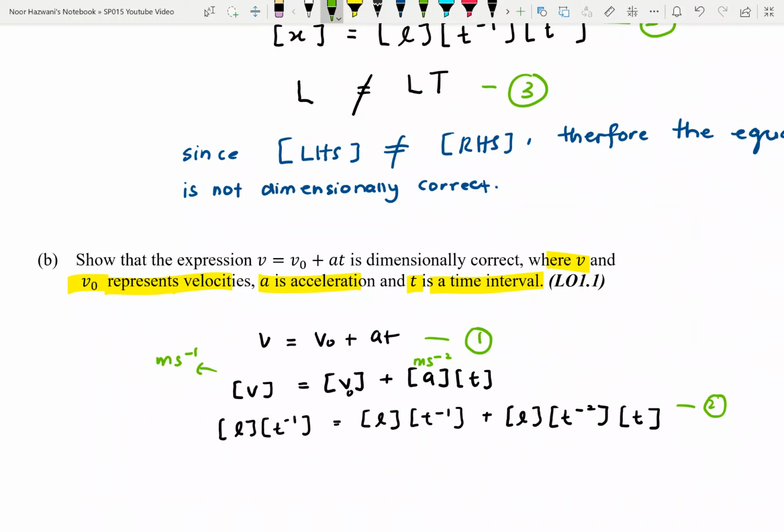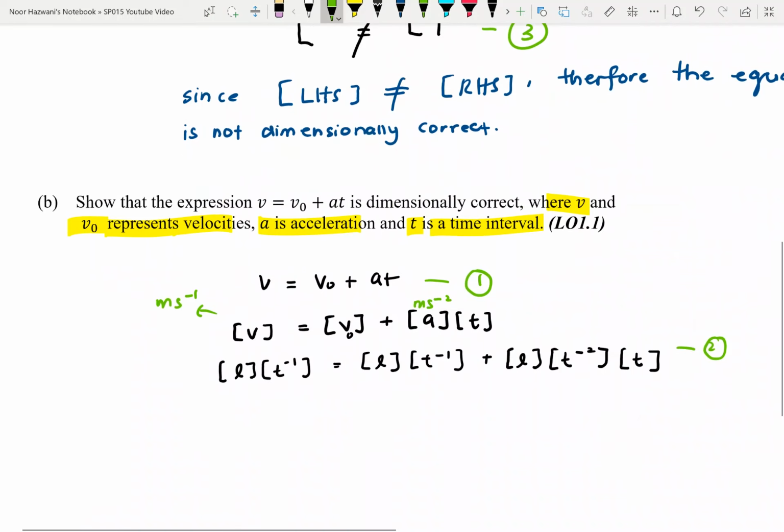Next, we write the dimension symbol. Open the square bracket, and most of the symbols are in capital letters, but not all, I said most. So just replace. You get LT^-1 equals LT^-1 plus LT^-2 plus 1, which is LT^-1.